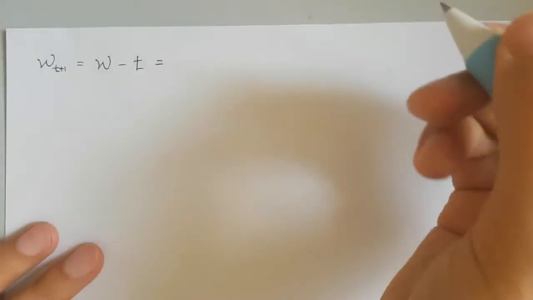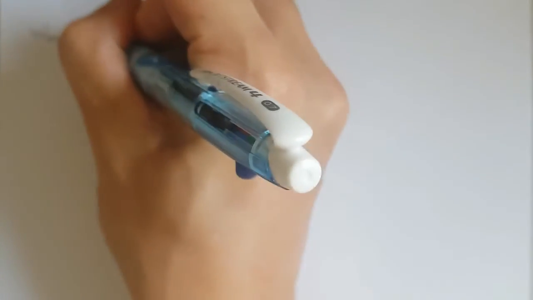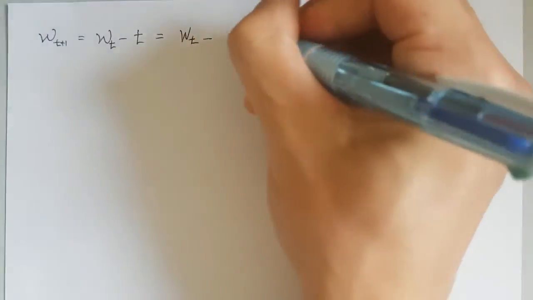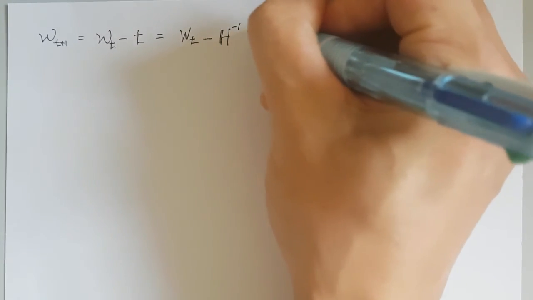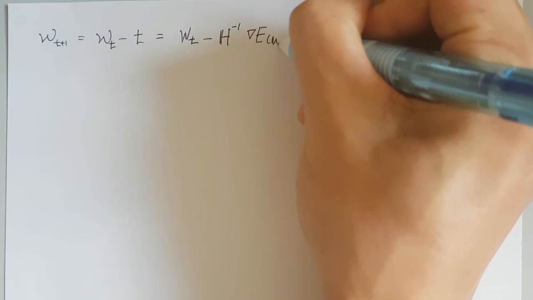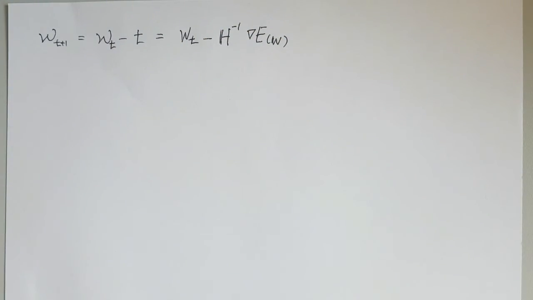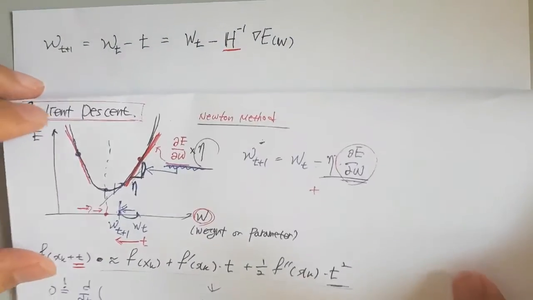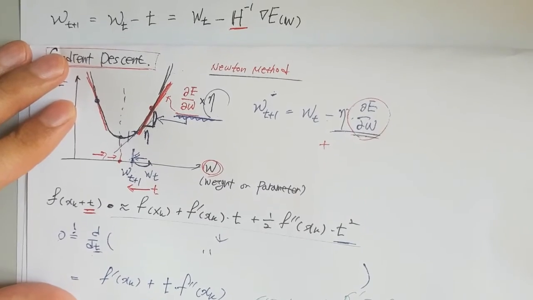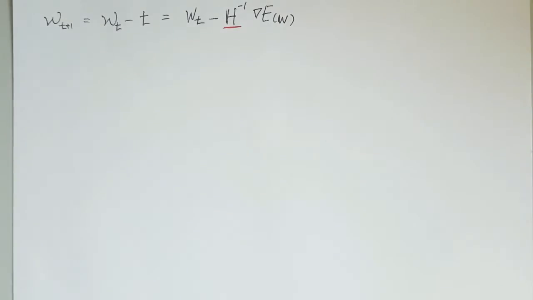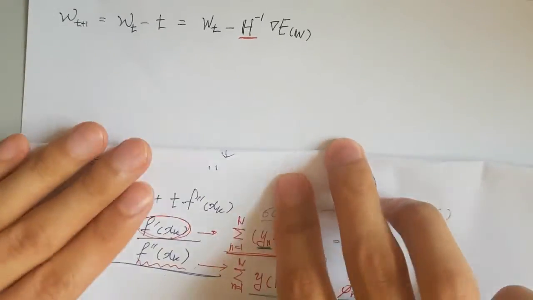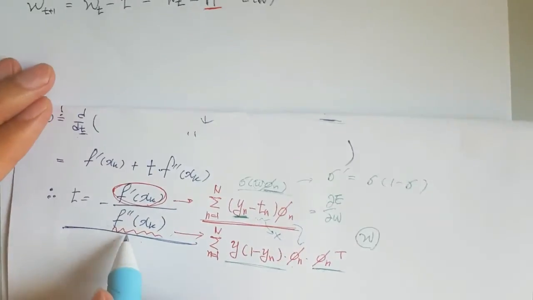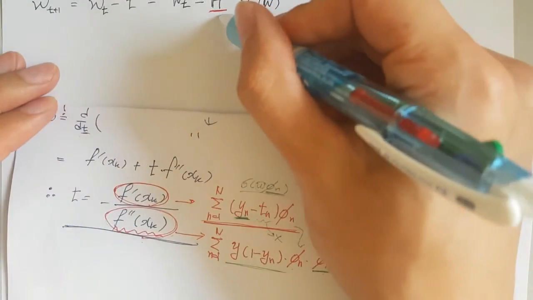Therefore it will be written as Wt minus Hessian matrix inverse. This is a general form, and H will be... okay, one second, please. H comes from the second order derivative.